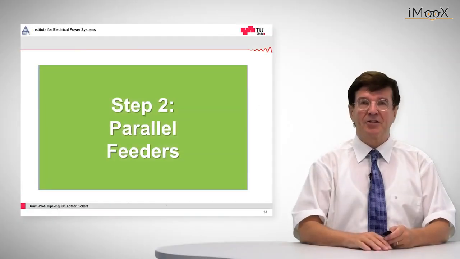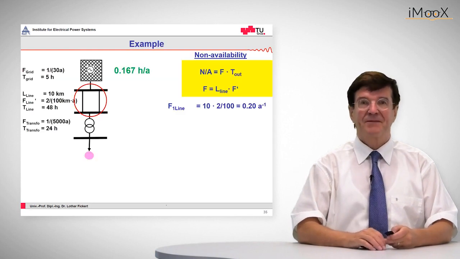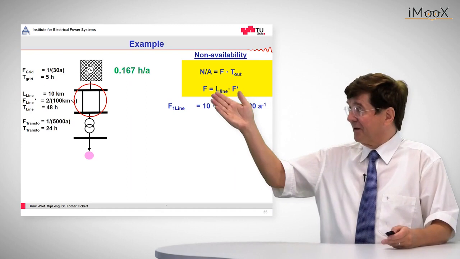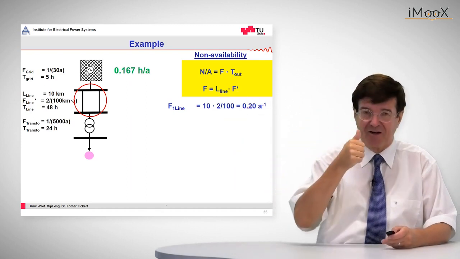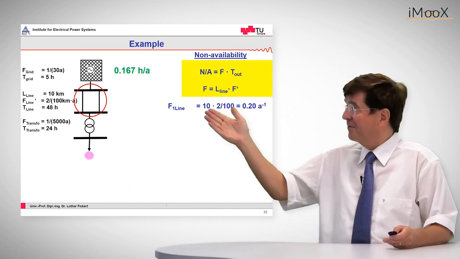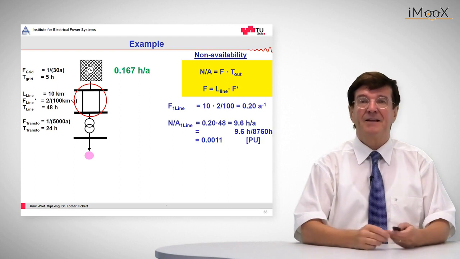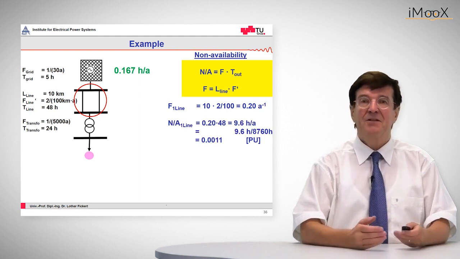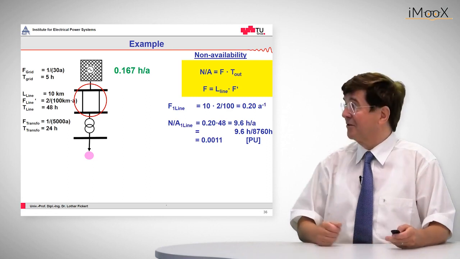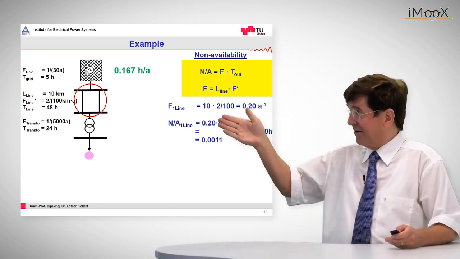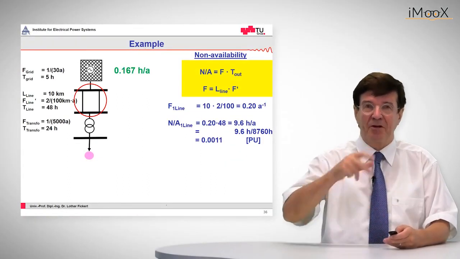The next step is to determine the non-availability of the parallel feeders. We start with the non-availability of feeder 1, which is given by the average frequency of 0.20 per year and the average outage time. The non-availability of one such feeder comes out as 9.6 hours per year, and for a very specific reason I turn this into a per unit expression.